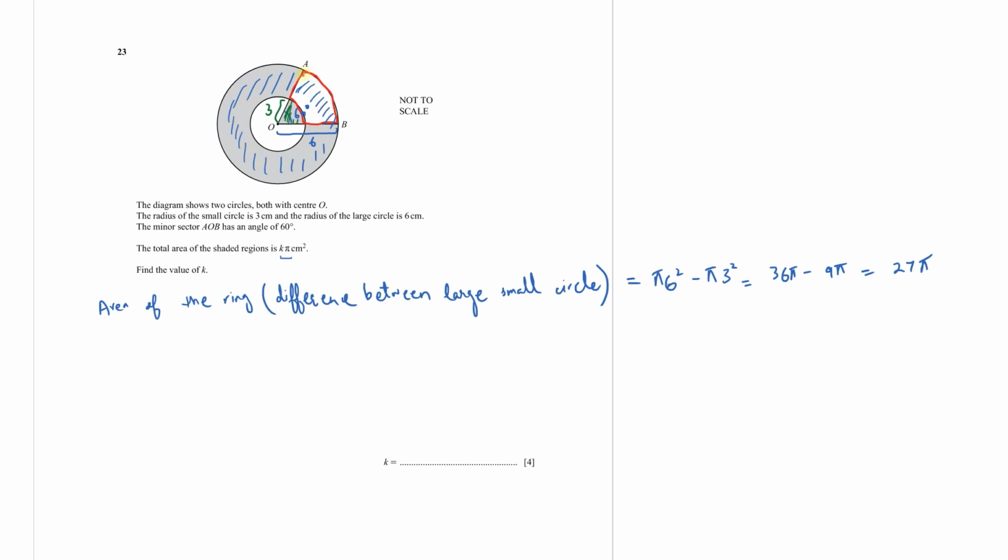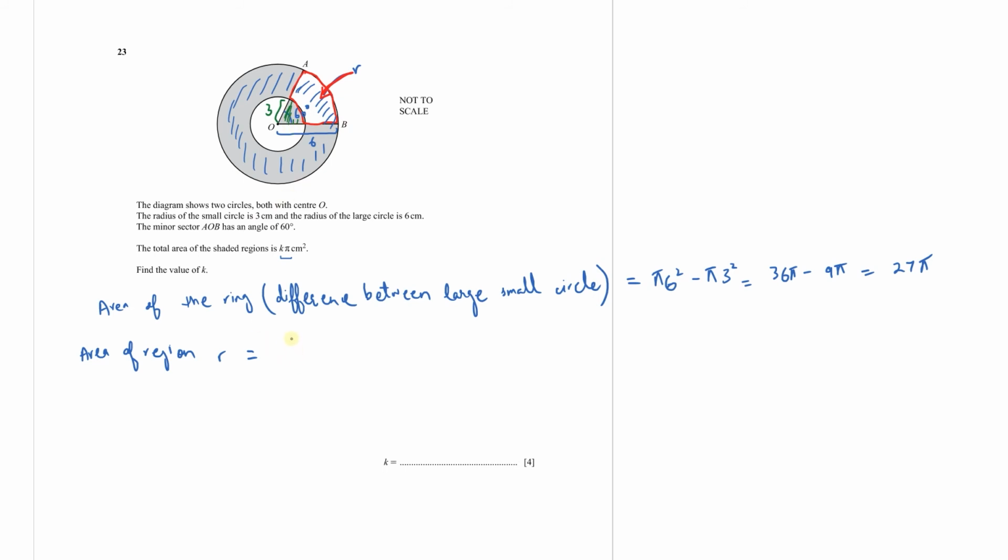Now I have to find the area of this red sector here. Let's call this region R. The area of region R will be the total area of the large sector minus the area of the small sector.